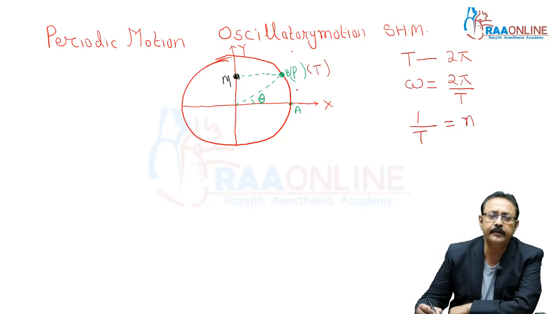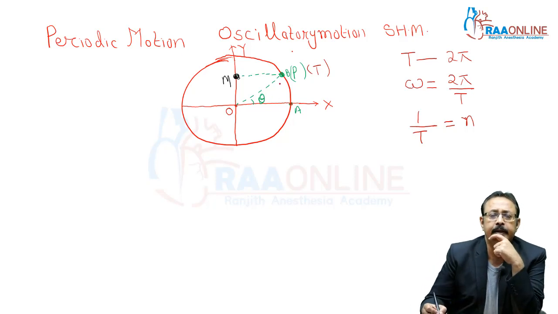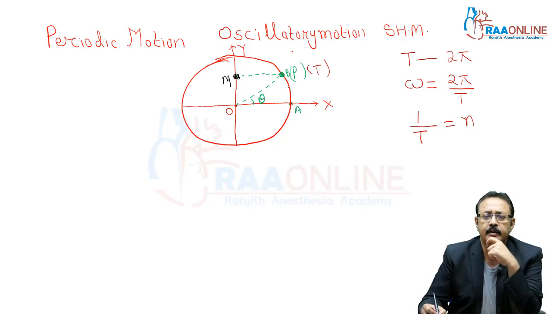Now when P was at point A, where was M? M was at O. From A, if you drop a perpendicular, it will be at O. P is moving in this way, so M is moving in this direction.